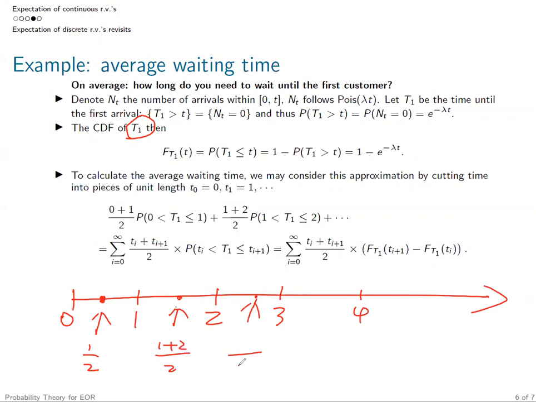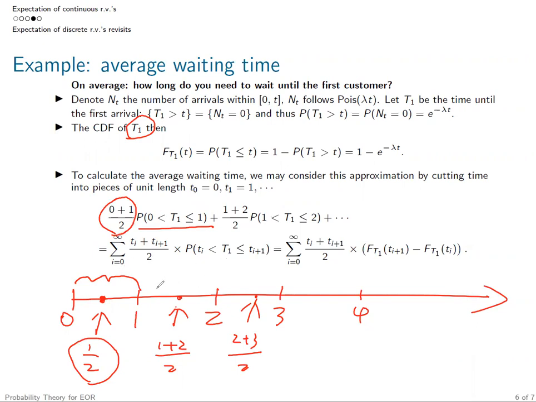For the first interval, from 0 to 1, the probability of the waiting time lying in this interval is the probability of T1 strictly larger than 0 and smaller than or equal to 1, and we use the midpoint of this interval to roughly approximate the average waiting time in this interval.